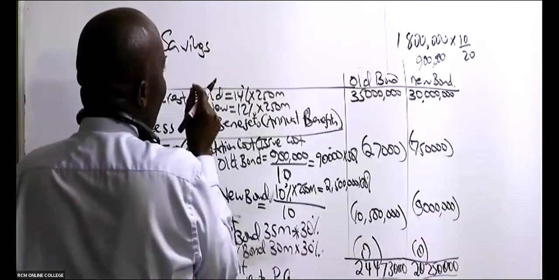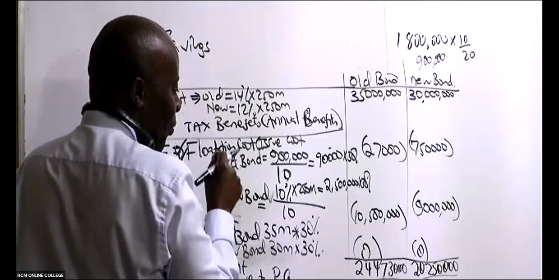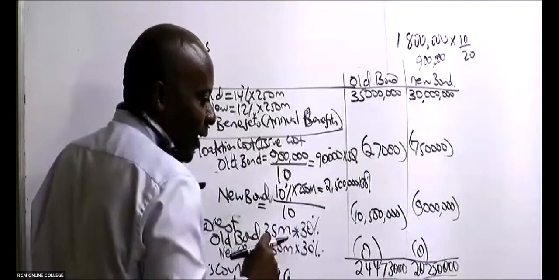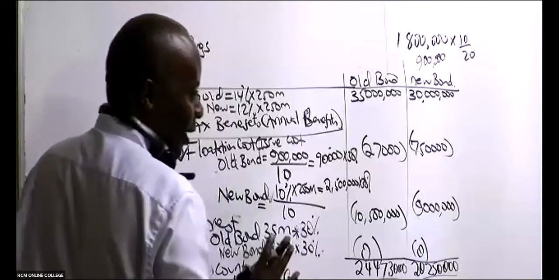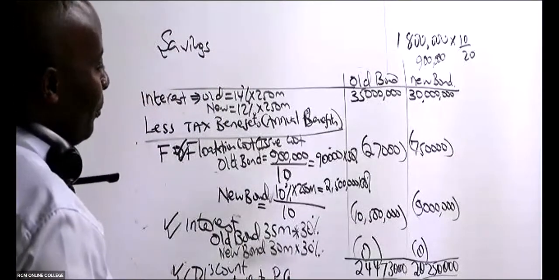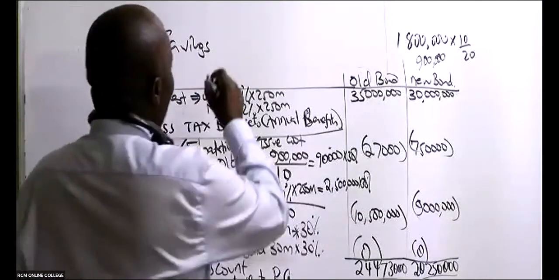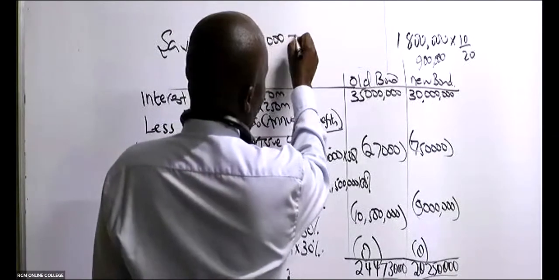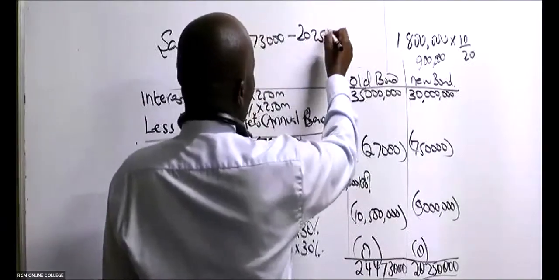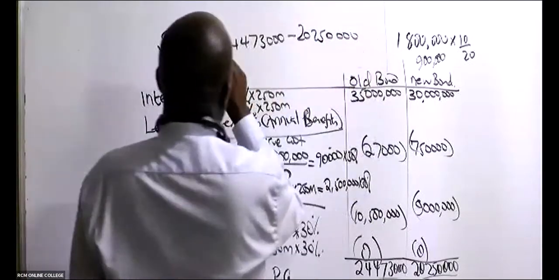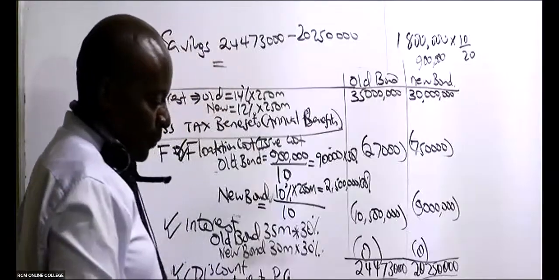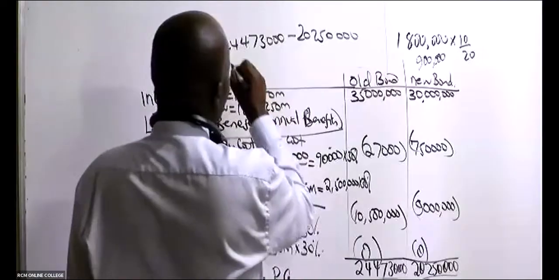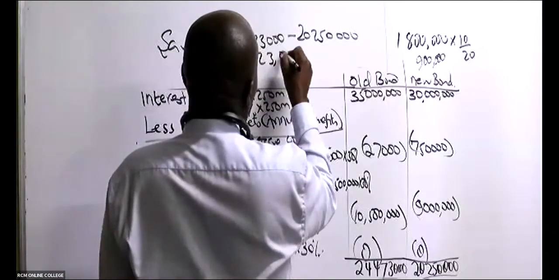Savings: if we refinance, if we go for this new bond. Any question, please feel free to ask. I'm always happy to help. So savings is 24,473,000 minus 20,250,000, which ends up being 4,223,000.